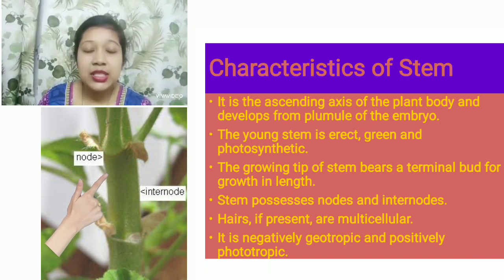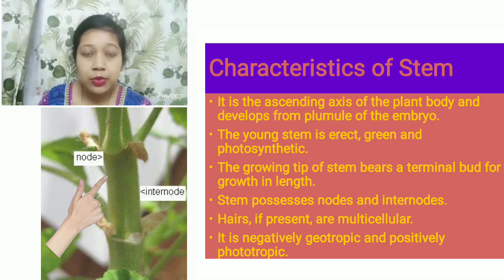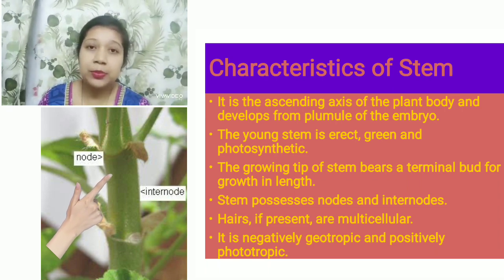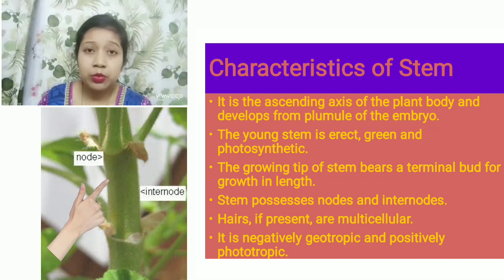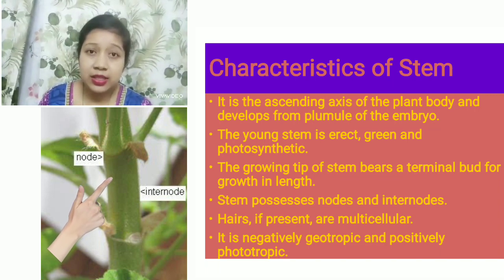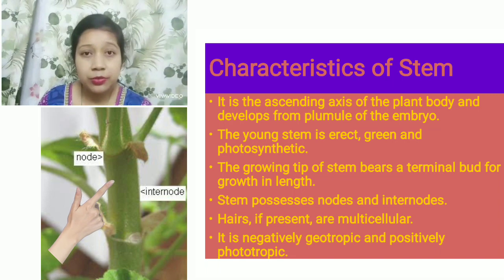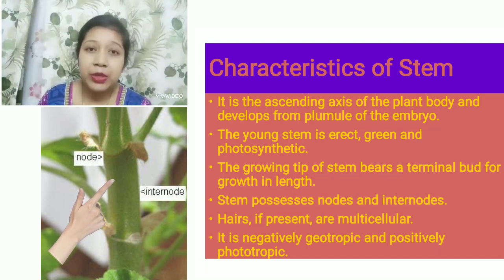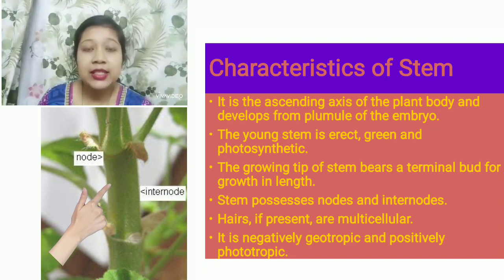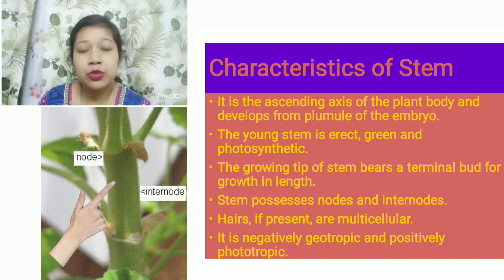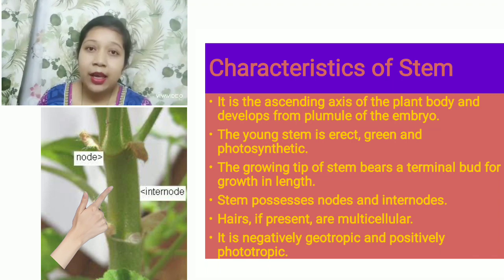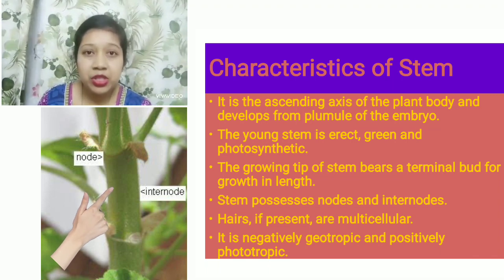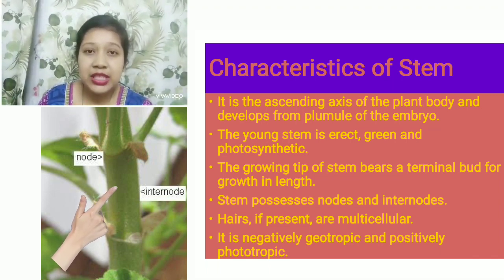Nodes are just some condensed tissues. When the chapter on tissues is discussed, you will come to know what types of tissues are present in these nodes. But for now, just keep in mind that these are some condensed tissues which give rise to the branches or the leaves, and they are found in patches in the stem.